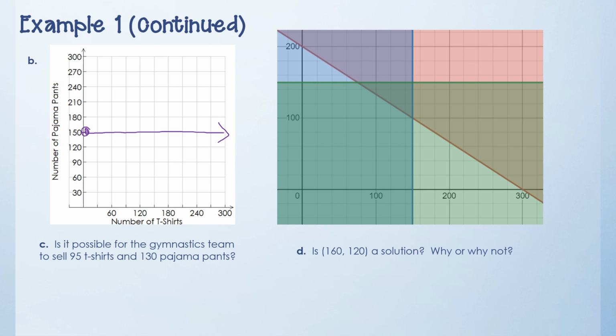The solutions will just be restricted to the shaded region. Then for the x-axis, it also hit at 150. These are going by 30s, so 150 would be right here. And this is just a vertical line.